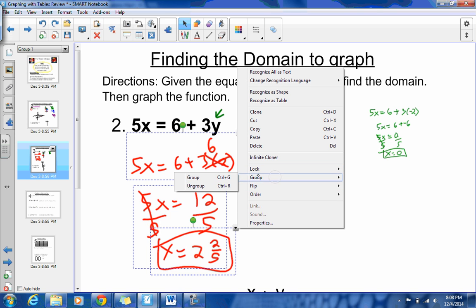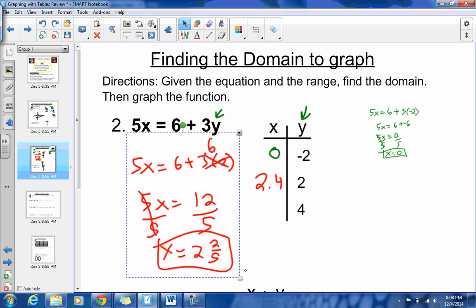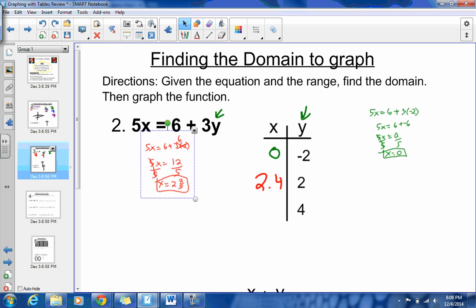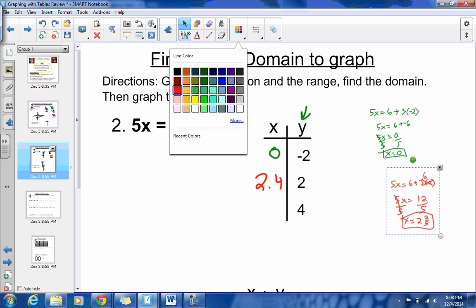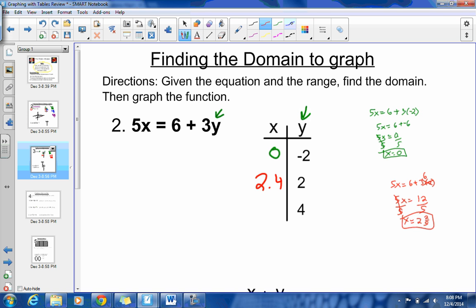Excuse me. All right. Then we have one more to do. And that would be plugging in 4 for the y value. Plug in 4. So we have 5x equals 6 plus 3 times 4. And 3 times 4 is 12.